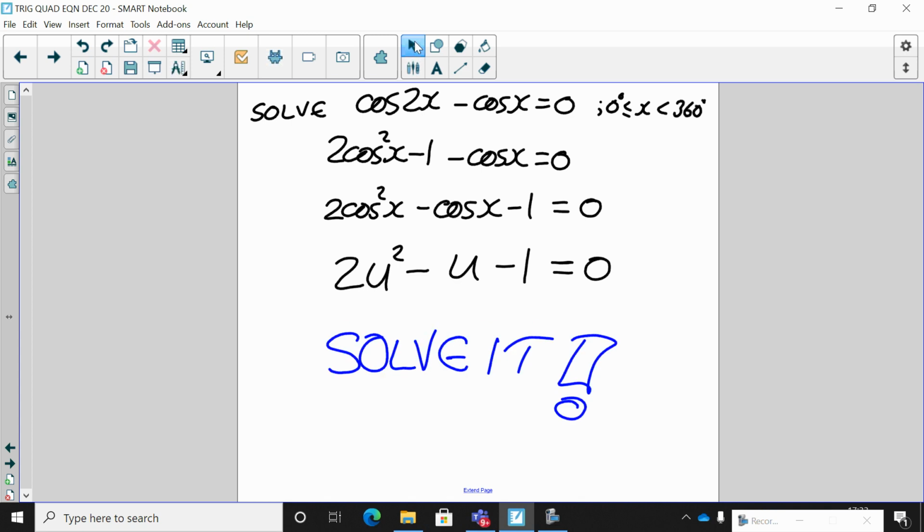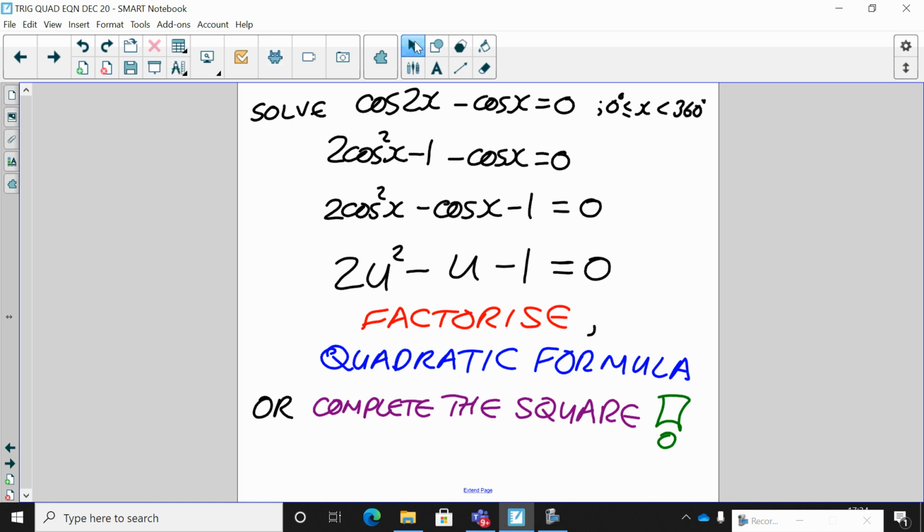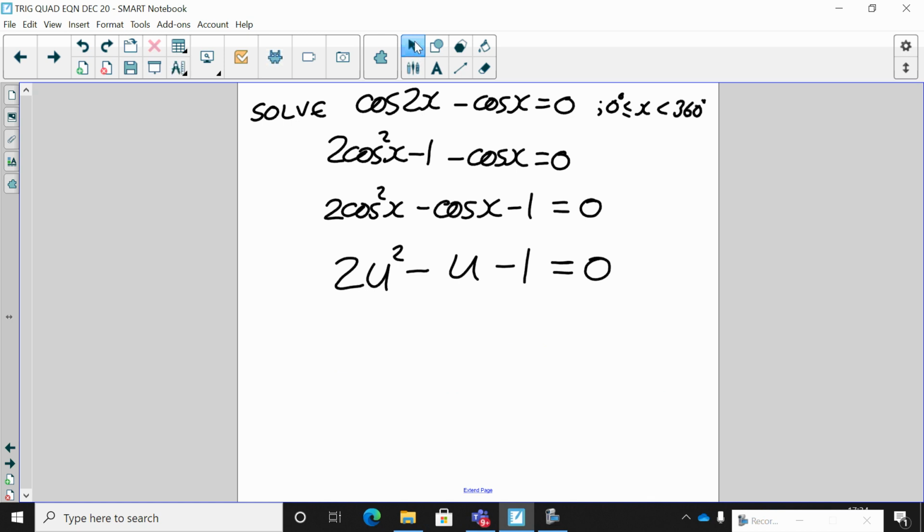Hopefully by various methods. We could factorize it, use the quadratic formula, which always works if there are solutions, or complete the square, which I've totally forgotten about, haven't you? So how am I going to solve it?